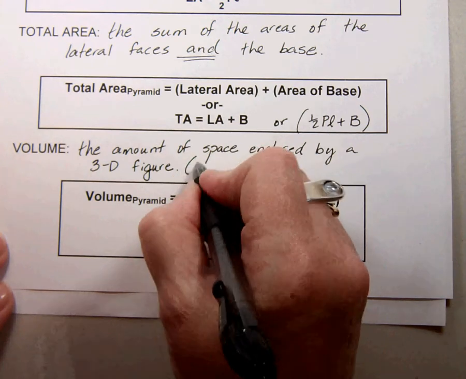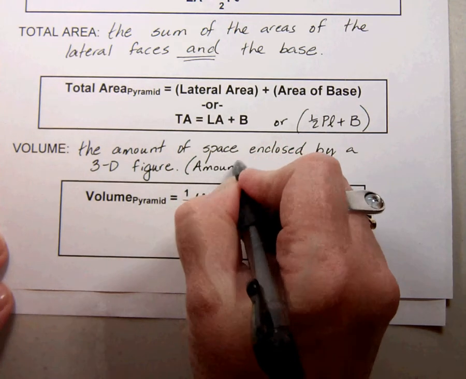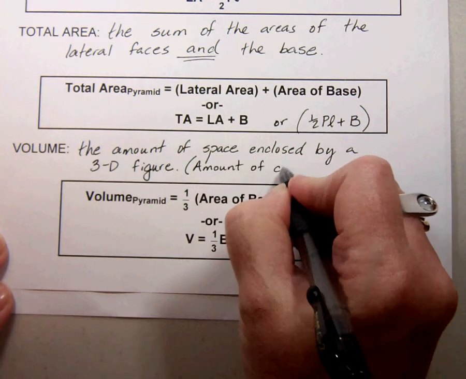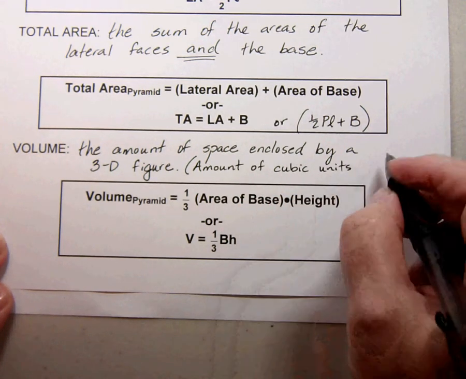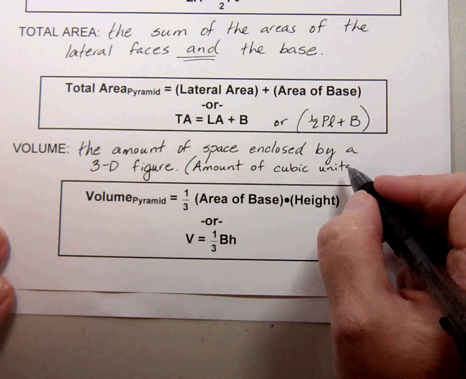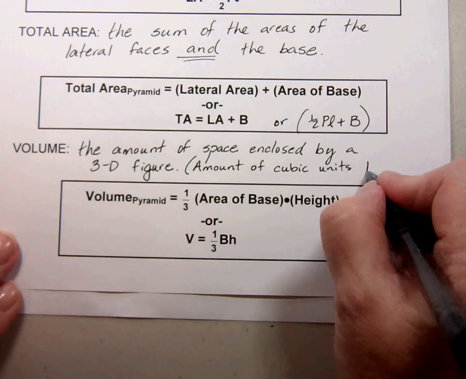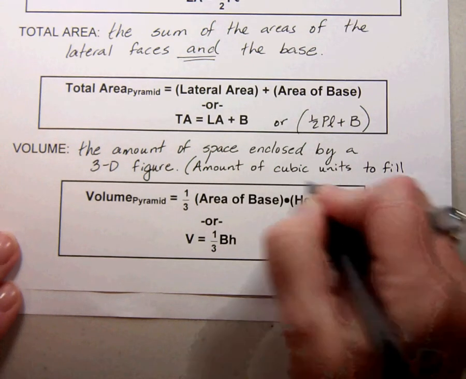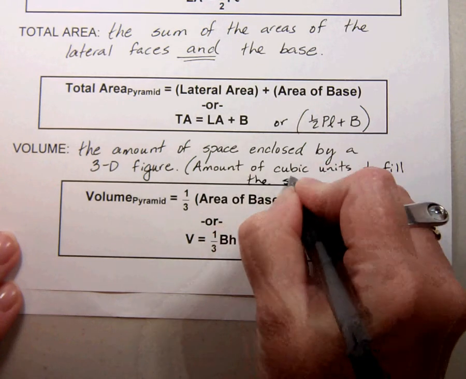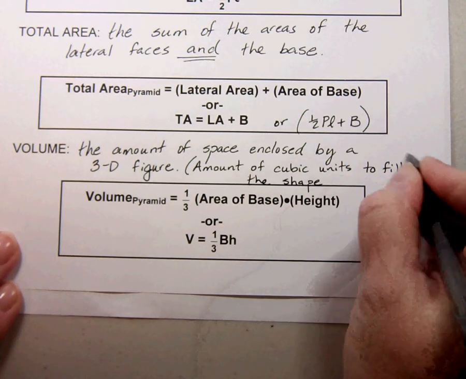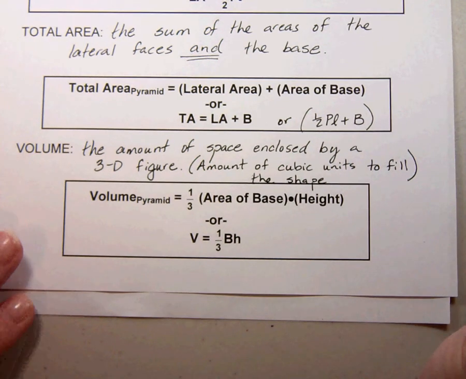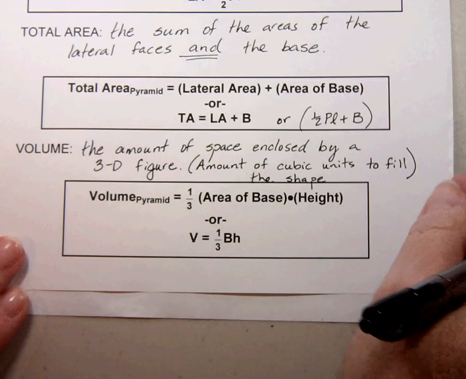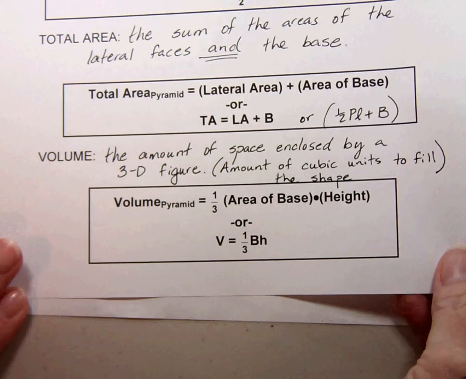I'm going to write that in parentheses. The amount of cubic units to fill the shape. You're filling up something, and it's considered the volume. It's the way we measure volume.